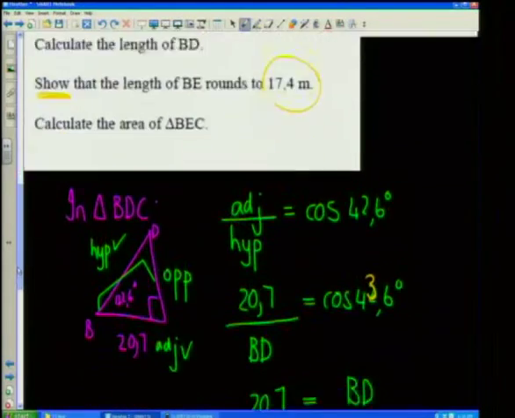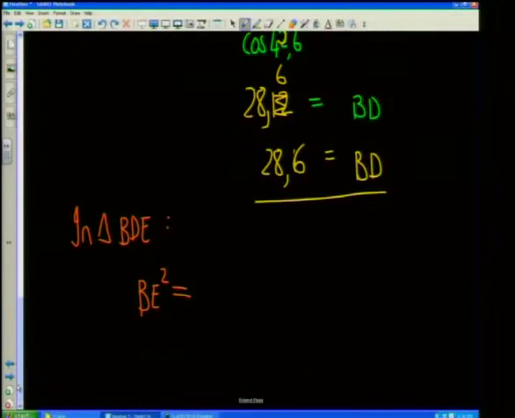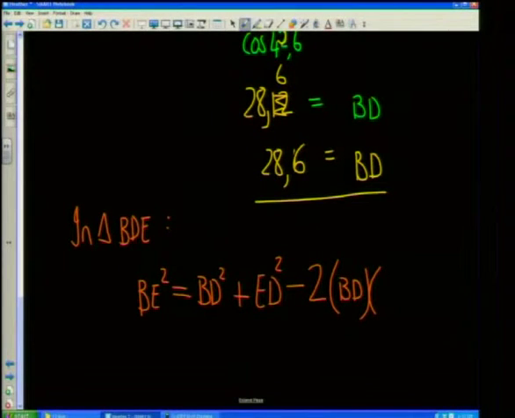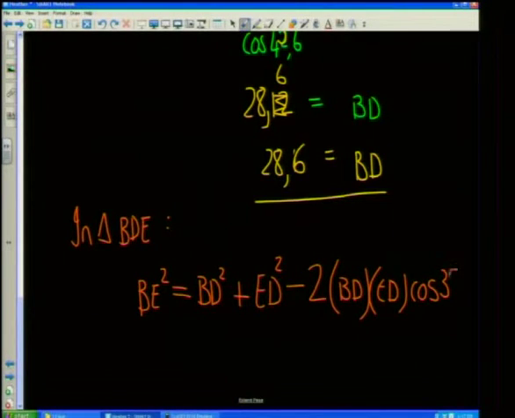So we've got to get our right letters, okay? So it's going to be BD squared plus ED squared minus twice the product of these two sides, BD times ED, then cos of the angle between them, and that angle was 35.7 degrees.